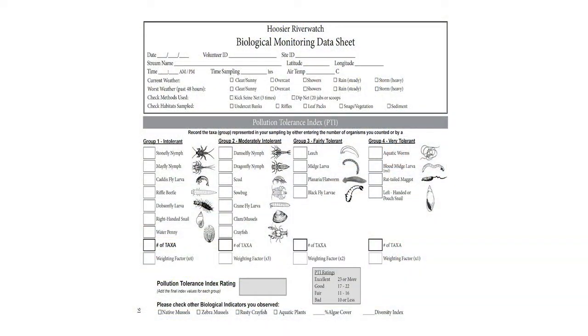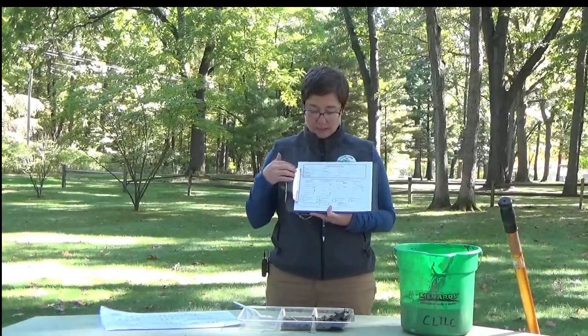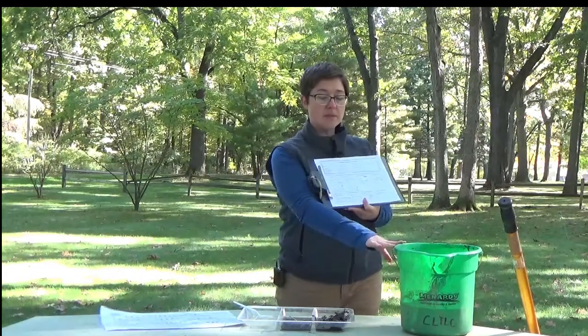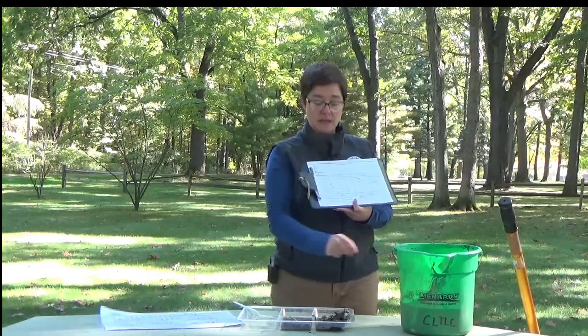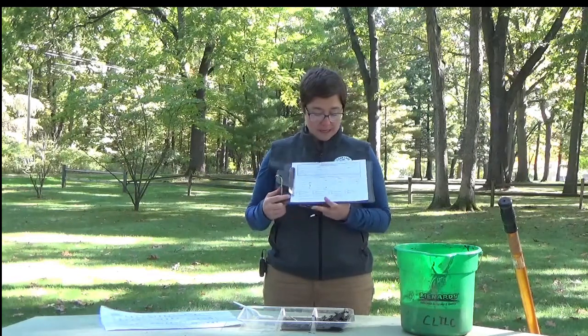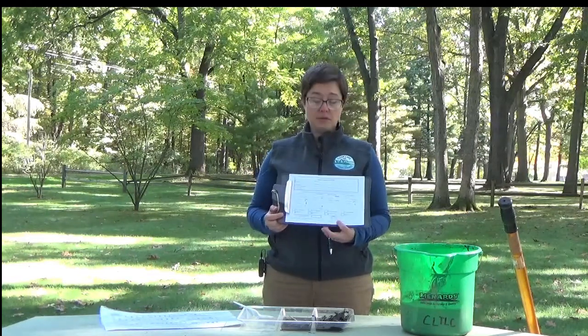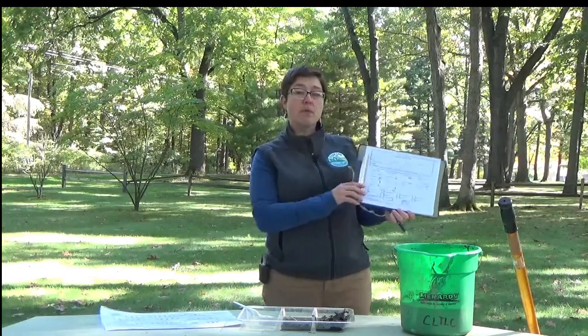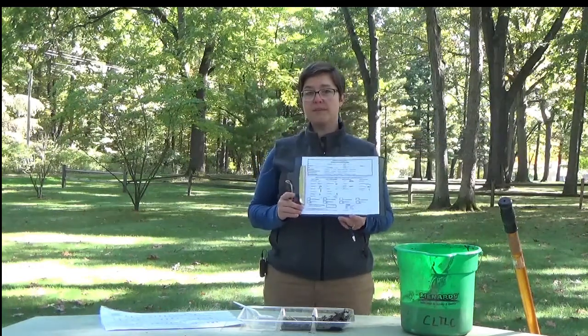So group 2 is moderately intolerant. We cannot base a stream's health on one critter that we find, so we would continue sampling our entire sample here and mark off all that we find and come to an average. That average then would be used to determine if we have excellent, good, fair, or poor water quality in that particular stream.